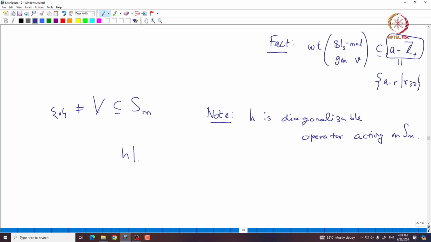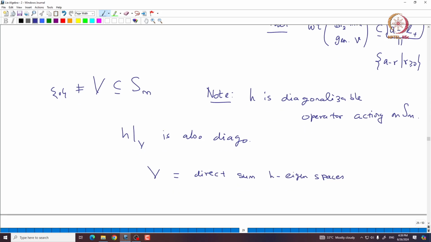So, H restricted to V is also diagonalizable. In particular, V can be written as a direct sum of H eigenspaces. Indeed, this is a direct sum of weight vectors.